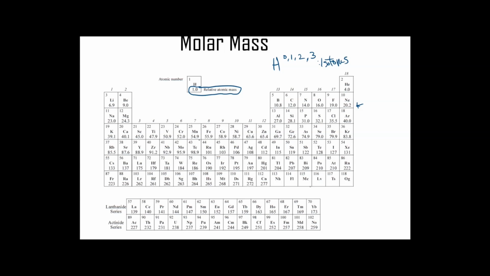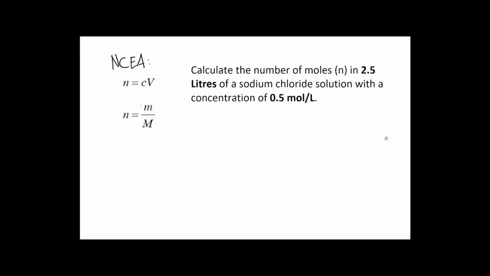And a lot of these are not nice numbers, but there's beryllium, carbon, nitrogen, and oxygen, and helium. To 1 decimal place at least, they do have a relative atomic mass of a whole number. Okay, let's do a few examples, a few questions to get you in the hang of using these equations.